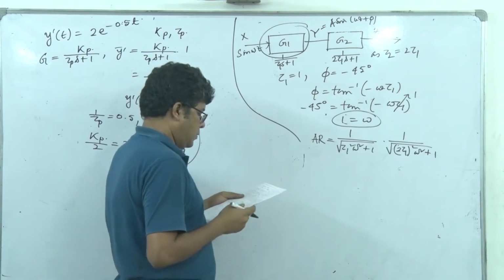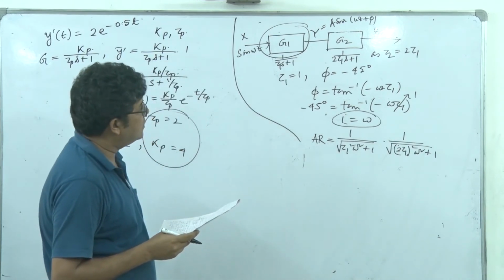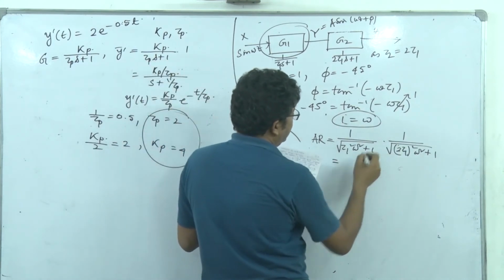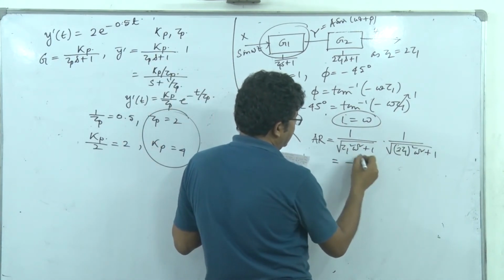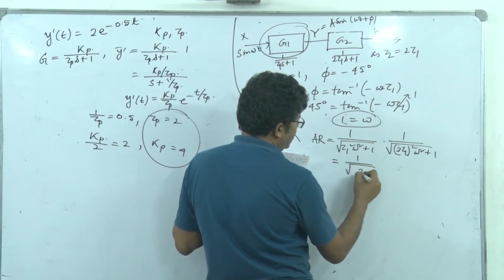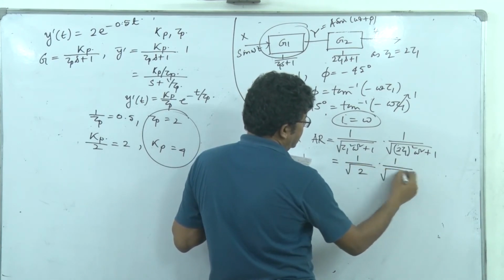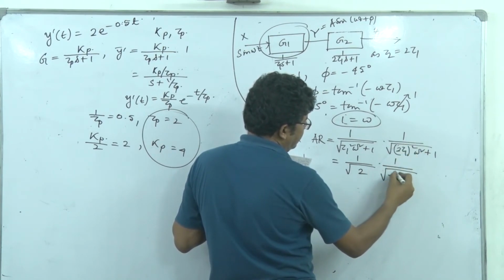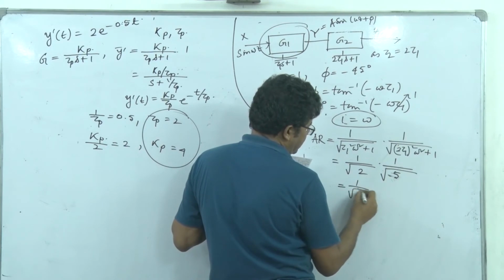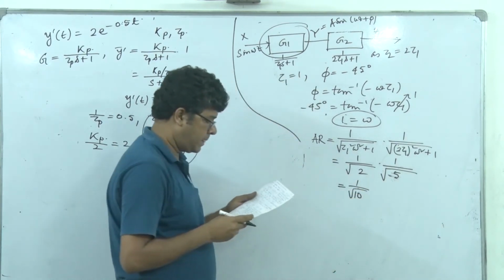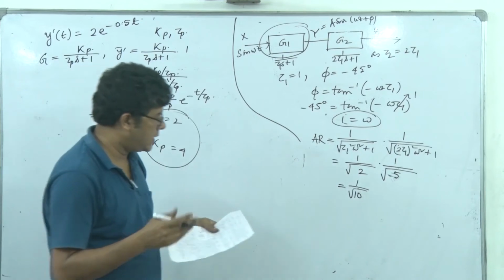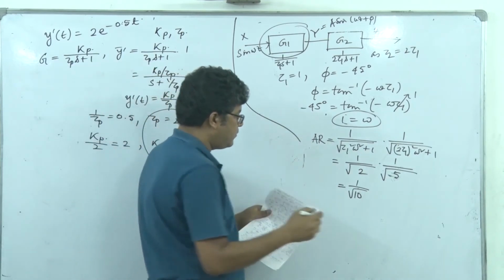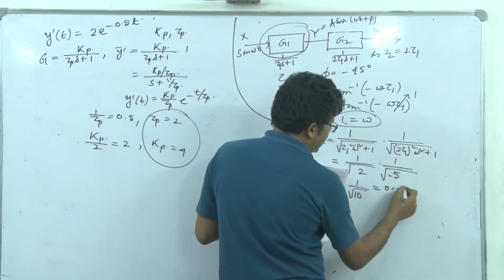With tau 1 equal to 1 and omega equal to 1, that is 1 by root 2, and 1 by root of 2 square, 4 plus 1, 5. So 1 by root of 10, that is around 0.32, which will be the answer. That is option D.